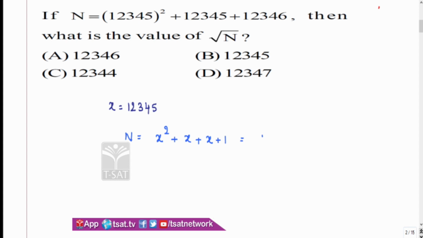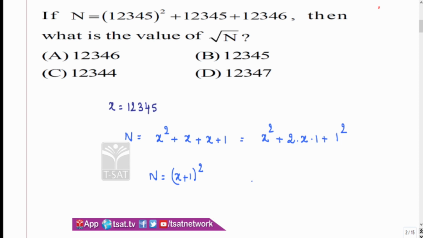which you can further write as x square plus 2 into x plus 1 square, or else you can write it as 2 into x plus x into 1 plus 1 square. Now it is in the form of a plus b whole square, where a is x and b is 1. Therefore, I can write n is equal to x plus 1 whole square. Now what is being asked in the question?